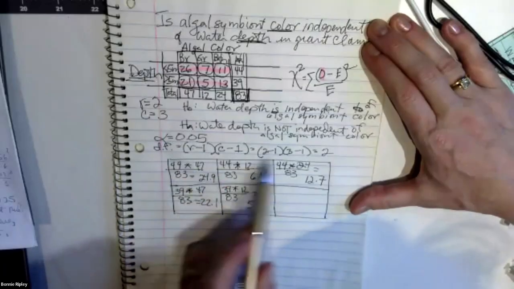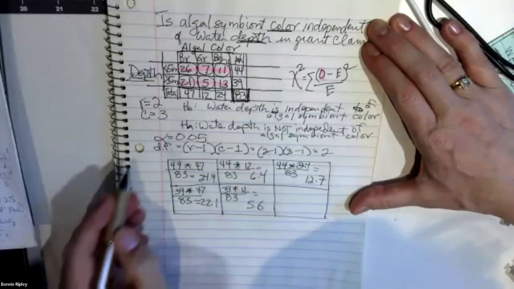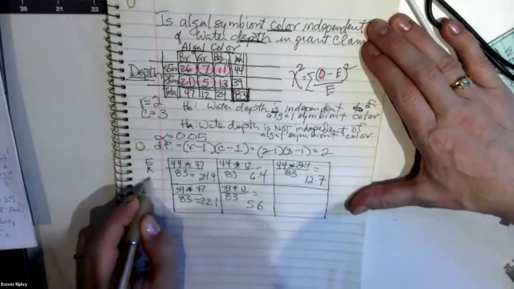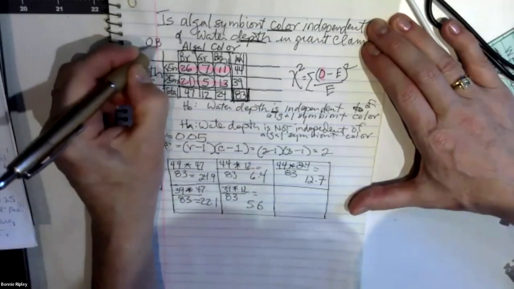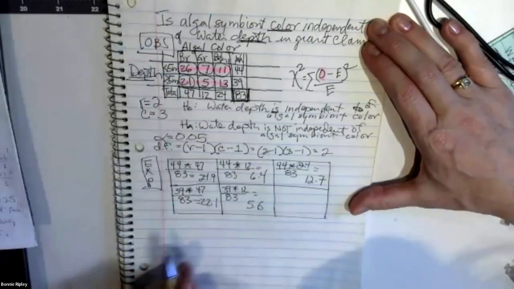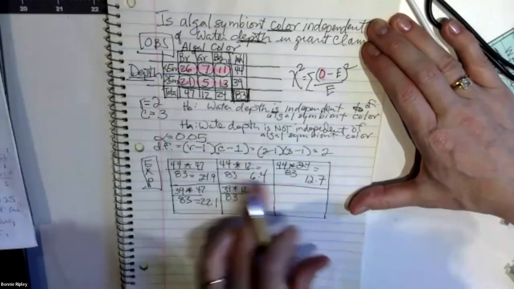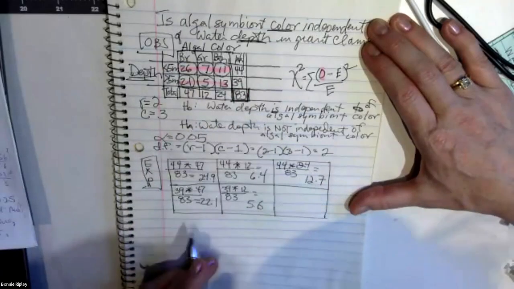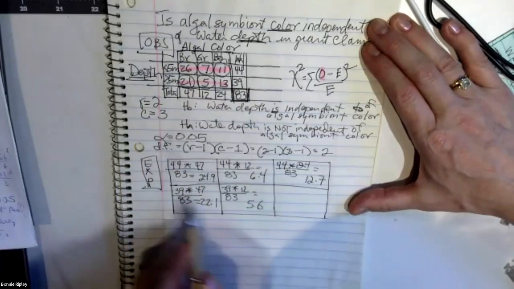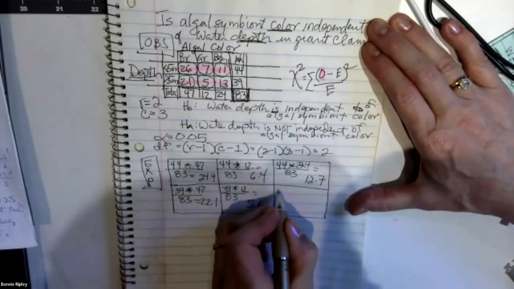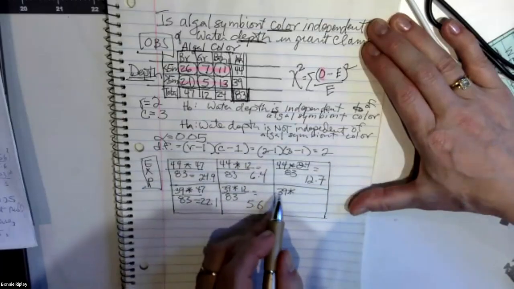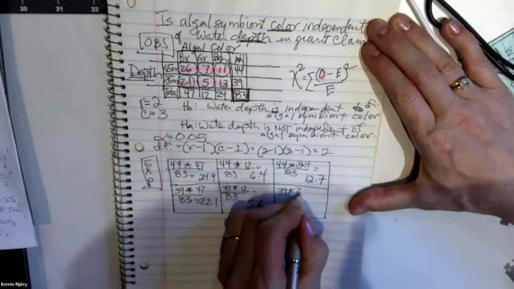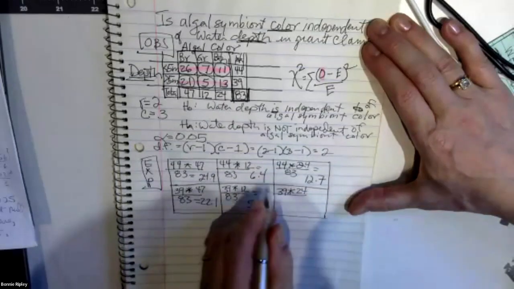Once you get your expecteds table started, these are our observed, you don't have to keep looking up here, because I know that this one is going to be 39, like my other ones in this row. And then the column is going to be the same as.